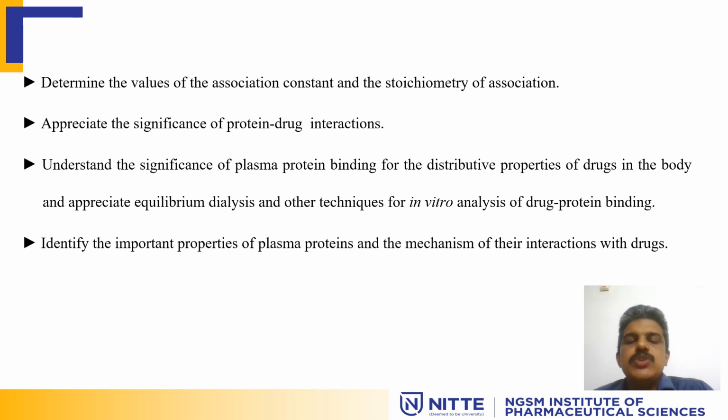So the properties of plasma proteins are important for forming complexes with drug molecules, and the mechanism of their interaction with the drug molecule is equally important. The physicochemical properties of the drugs and proteins, and the affinity of protein towards the drug molecule are also equally important. In addition, we are going to study in detail the kinetics of protein drug binding in these sessions.